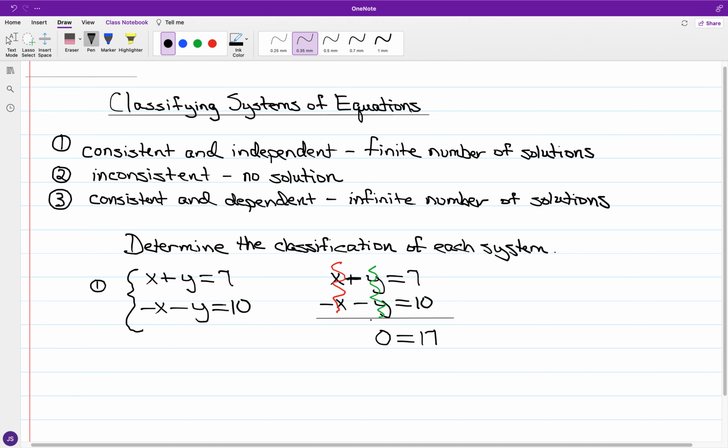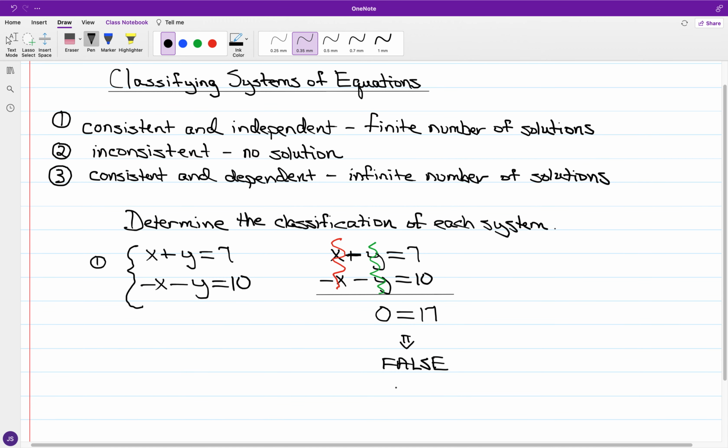To say that there are any solutions for x and y that will fit both of these equations amounts to trying to say that 0 is equal to 17. So we have a false statement for the resulting equality, and we're going to have no solution in consequence.